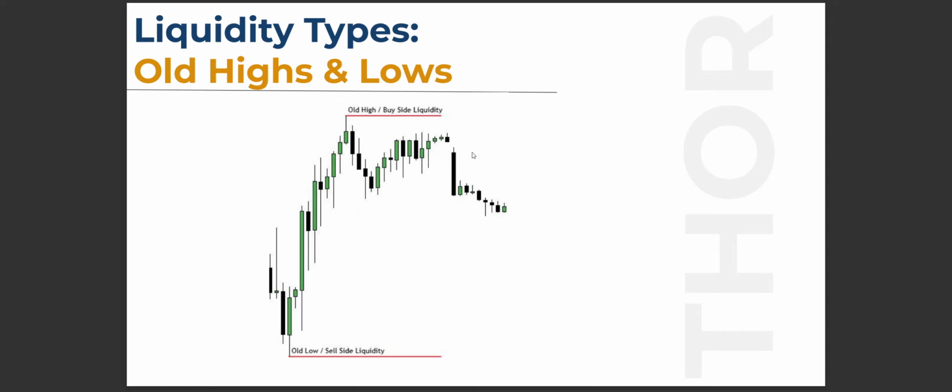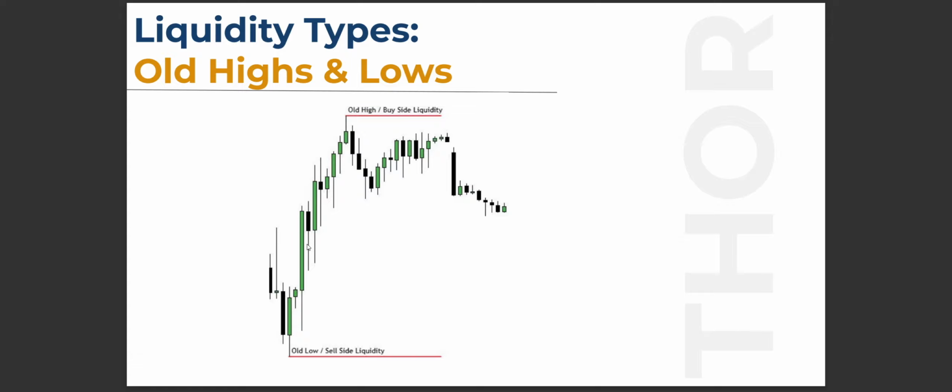So the liquidity types, we have a couple different liquidity types. The first and the most common is basically old highs and old lows. Just as I explained earlier, about old highs, there'll be buy stops residing at that level about this high. Once the price moves away from that level, we know as ICT traders that there were short sellers at this level, and as it moves, they put their stop losses above that high.